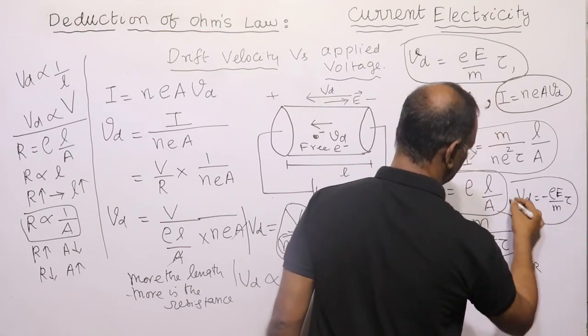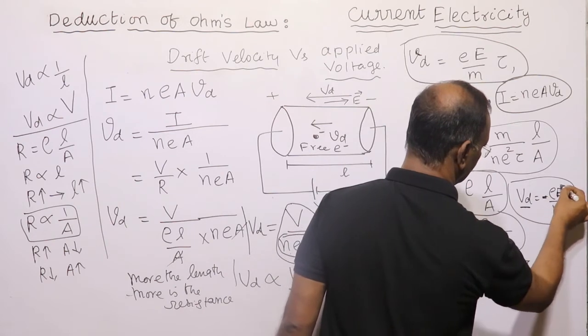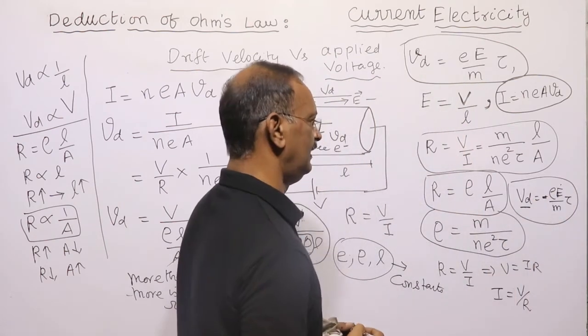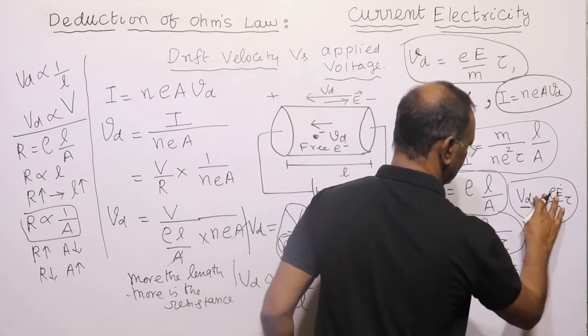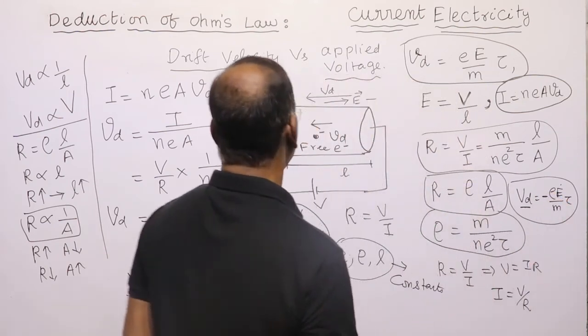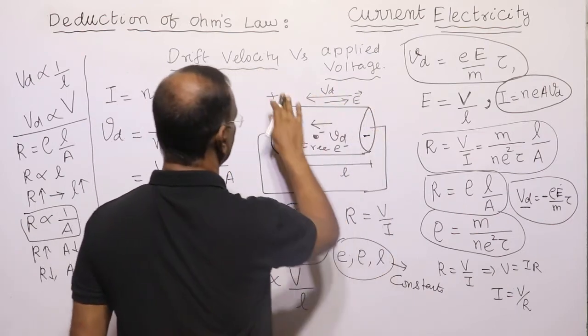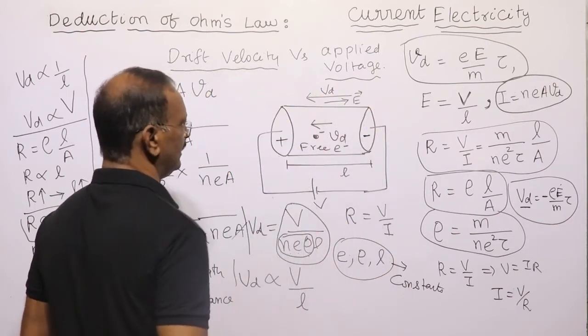This negative sign indicates that drift velocity is in the opposite direction to the applied electric field. So both are in the opposite direction.